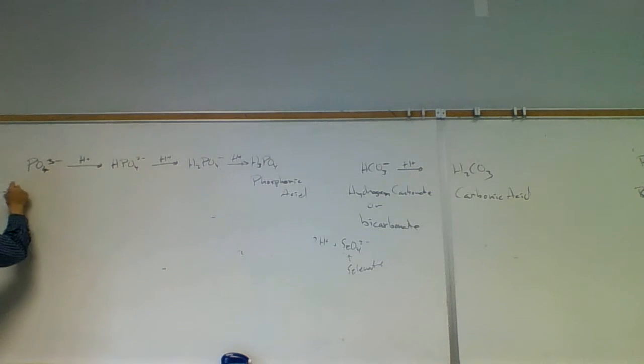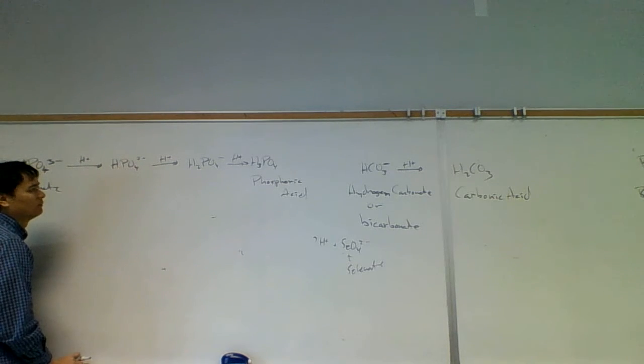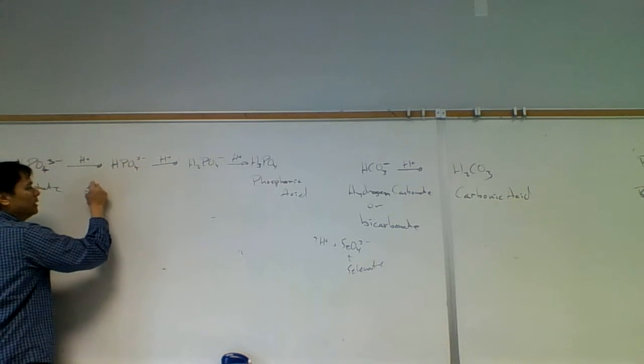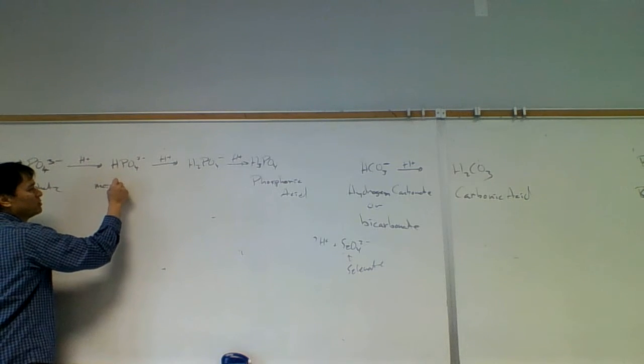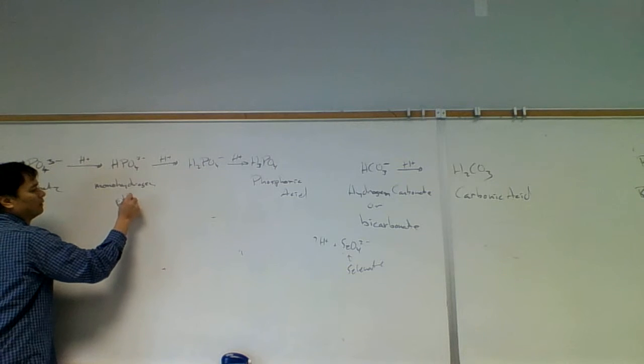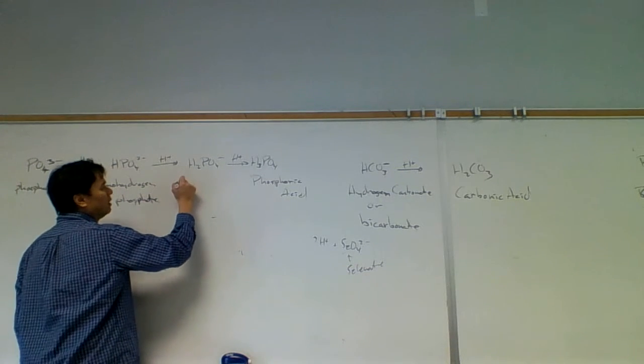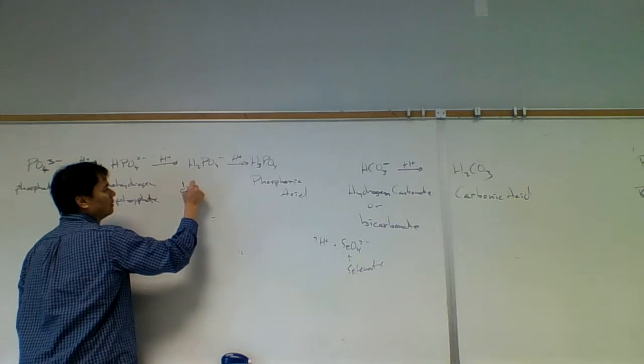And so this is called phosphate. Now we have two different ones. We can't call both of these hydrogen phosphate, otherwise we might get mixed up. So the first one we call monohydrogen phosphate, and the second one we call dihydrogen phosphate.